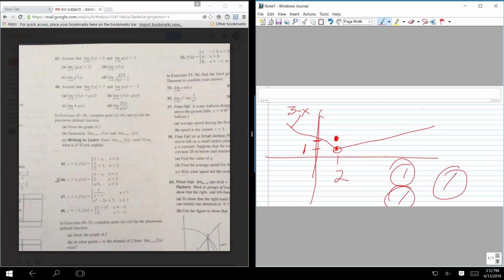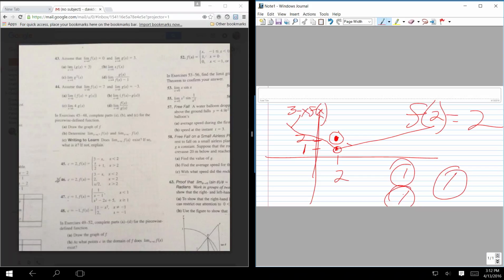Even though f of 2 happens to, in this case, be equal to 2. In other words, exactly at 2, that's what the value of the function is. But it's not what the value is at 2 that matters. It's what it's approaching, and it's approaching an f of x of 1.